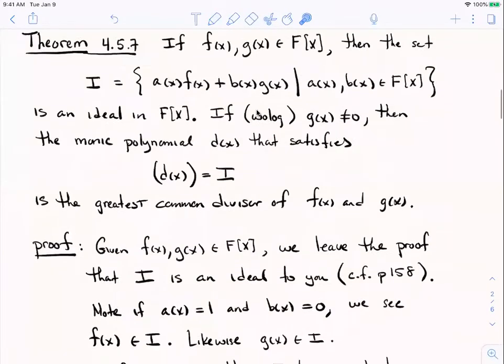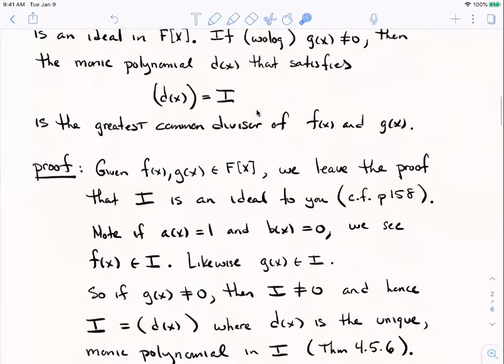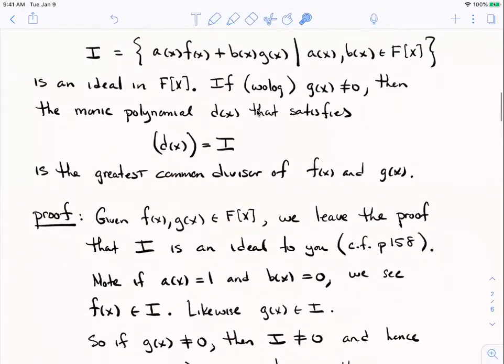All right, now a kind of an observation. If I take the polynomial multiplier, let me see if I can leave the definition. If I take a to be 1 and b to be 0, well, that shows that f belongs to that set, because 1 times f plus 0 is f. Likewise, g is in there: take a to be 0 and b to be 1. So that set I contains both f and g, no matter what f and g are.